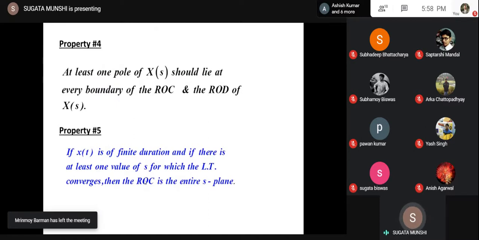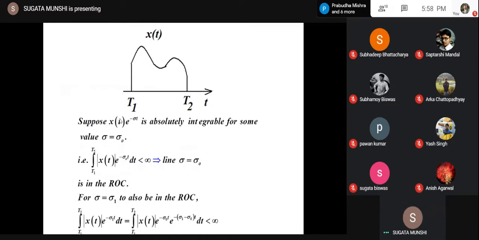S equal to sigma 0 is that value for which the Laplace transform converges. So x(t) e to the power minus sigma t is absolutely integrable for sigma equal to sigma 0.